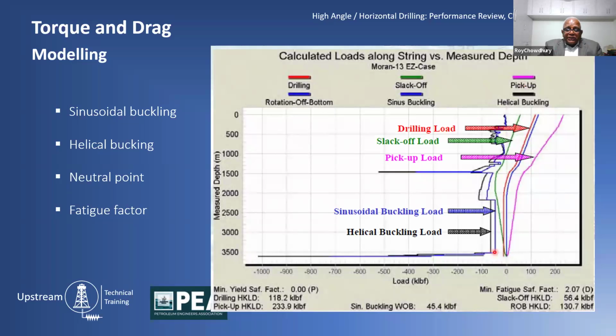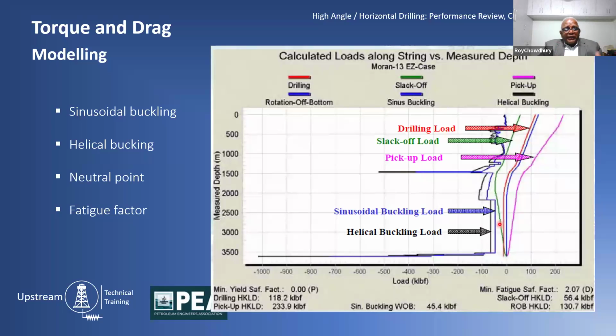I'm not sure you can see it with all these busy lines. See this red line? As long as this red line doesn't intersect, you are good. And obviously it will give you the sinusoidal buckling load, say in this specific case it is 45.4 kilopounds. And so you are looking at this space here.